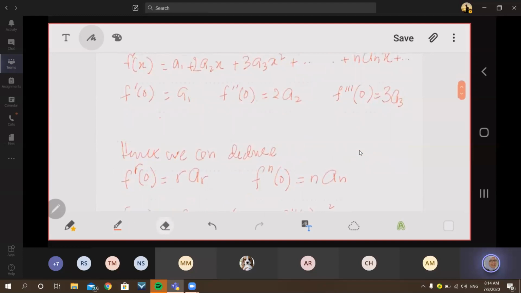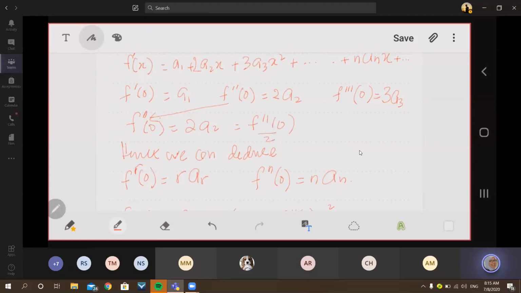So we get f double prime of 0 is equal to 2a2. This is actually equal to f double prime of 0 divided by 2.